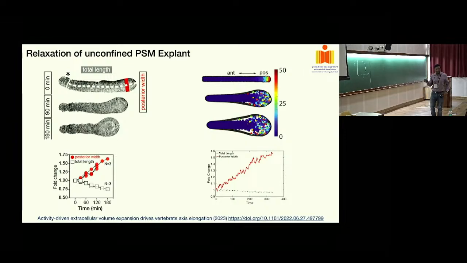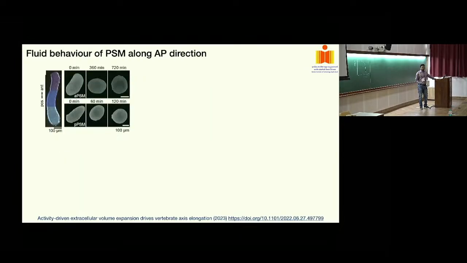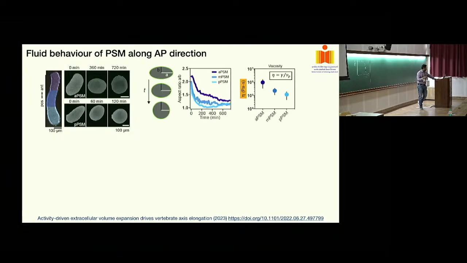So now one can also try to look at mechanical properties such as viscosity and relaxation. Since these systems are viscoelastic, even though I will not be talking about elasticity at all, we have an intuition that there should be some elasticity coming into the picture, right? So in experiments, they dissected this PSM even further.